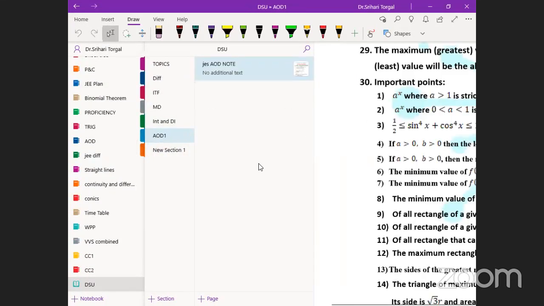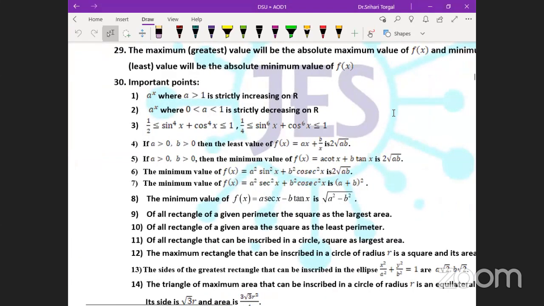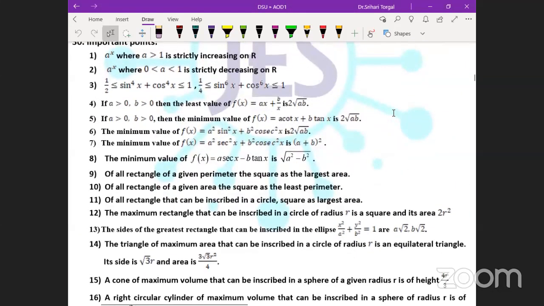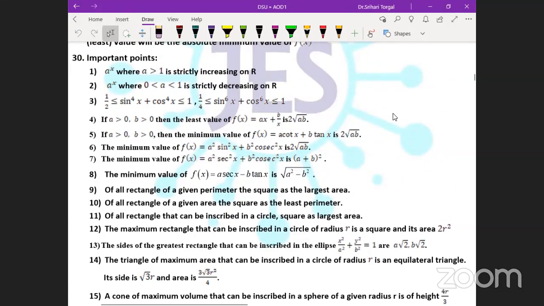I'll open my yesterday's class notes. Here also I have very important results. See here, if this is sin square x and cos square x, then you have to convert that into a single trigonometric function. Then you have to calculate the maxima and minima.